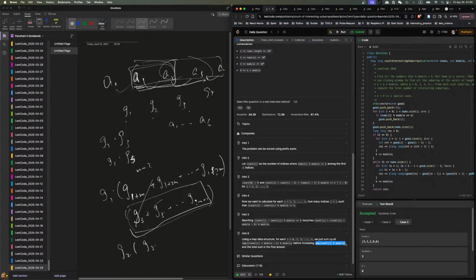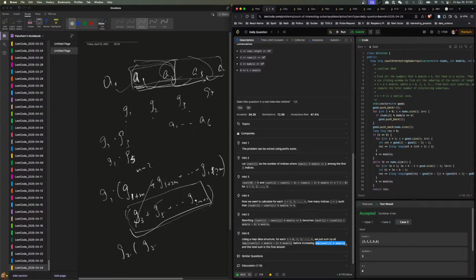modulo it with the current count? Well, we modulo it because we have the current count, right? And we need to find the current count minus k.